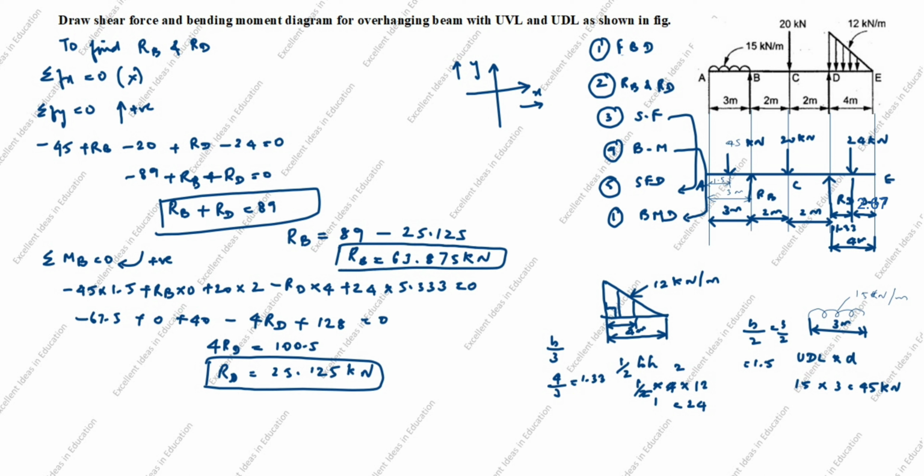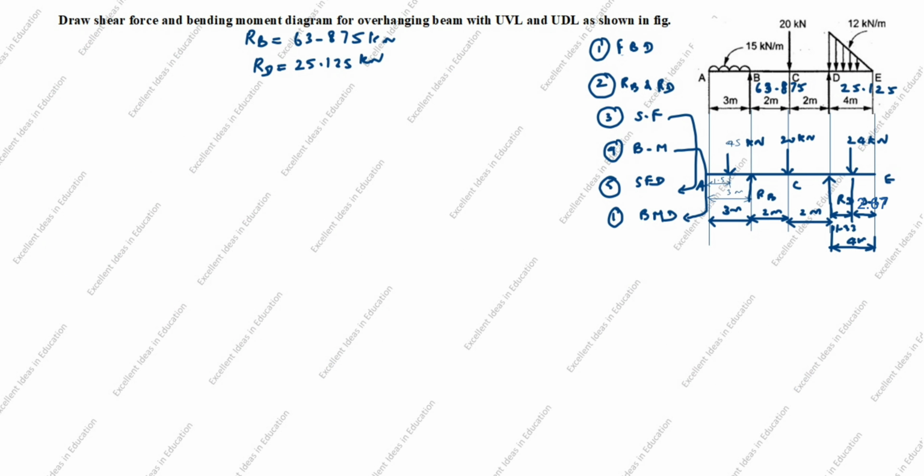So RB is 63.875 and RD is 25.125. I'll write it here. RB is equal to 63.875. RD is equal to 25.125 kilonewton.